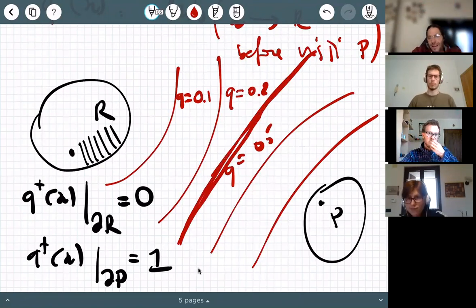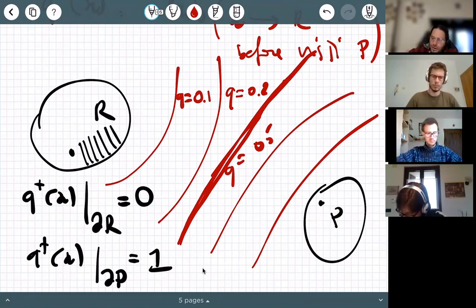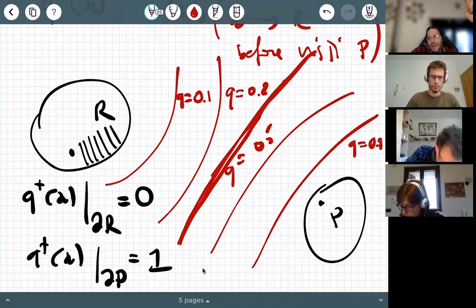Before here, you're more likely to make it to the reactant. This is the point of likely non-return, if you want. And then here is probably 0.9. So it is not a probability density. It's a probability field.